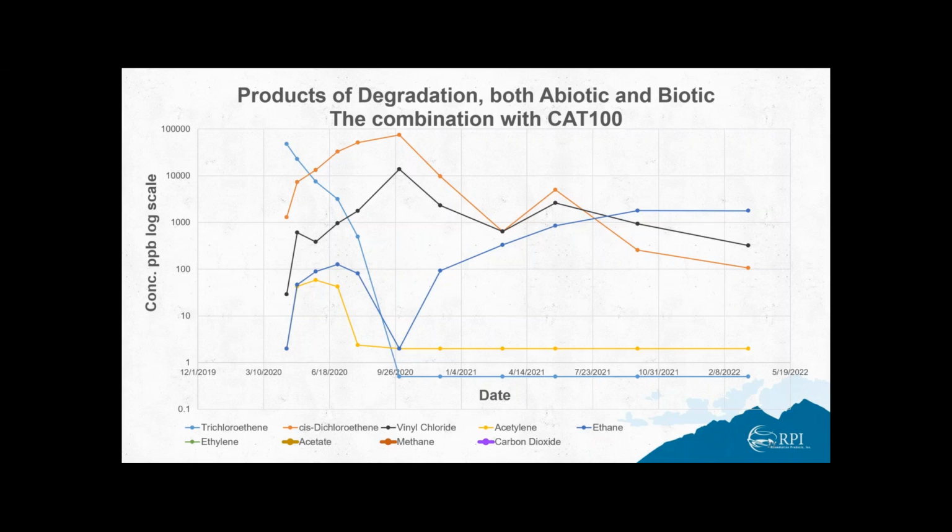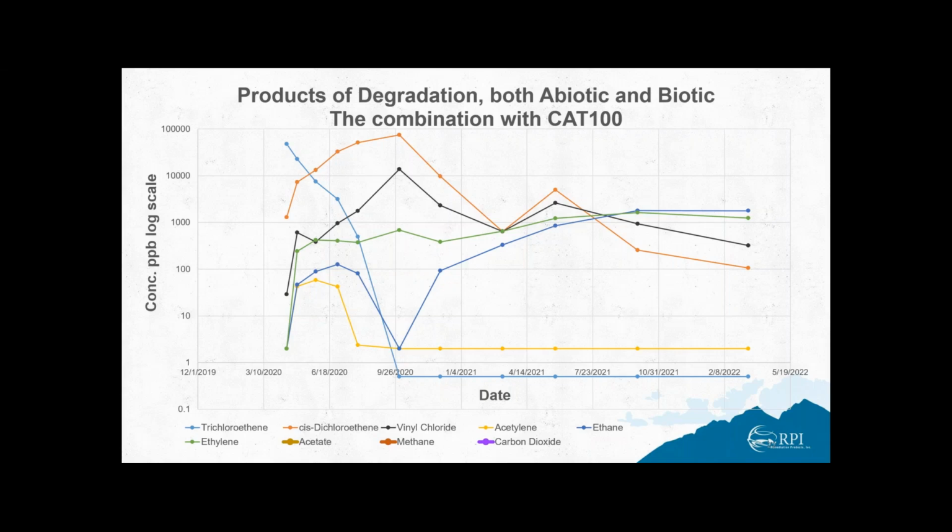So that's your ethane, which you would recall being a product after the ethylene. So here's the ethylene, which I probably should have presented first. That makes sense. You see the acetylene pop up, you see it drop down, you see the ethylene and the ethane jump up. Those could be a product of both biotic or abiotic, either one, right? The ethylene and the ethane.